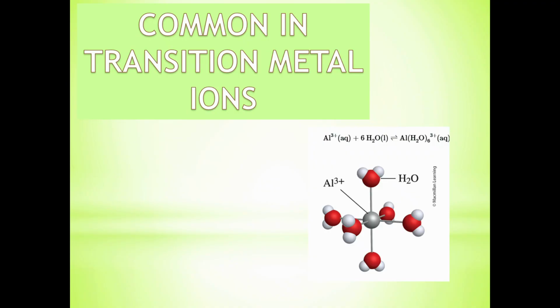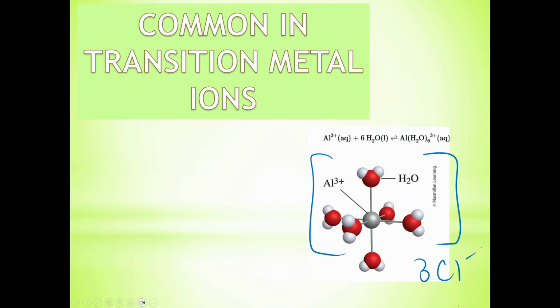When I put something like aluminum chloride into water, it automatically does this. It starts pulling water in and bonding to the water. It stabilizes that aluminum. But someplace in here, there are also 3 Cl minuses.